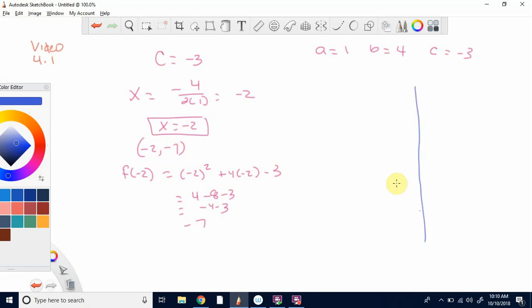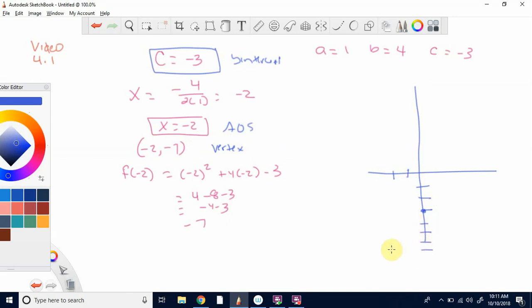So now I've got my vertex, my AOS, which is axis of symmetry, and I have my y-intercept. So now I'm going to go 1, 2, 3. I've got negative 2, negative 7, 4, 5, 6, 7, so right here.